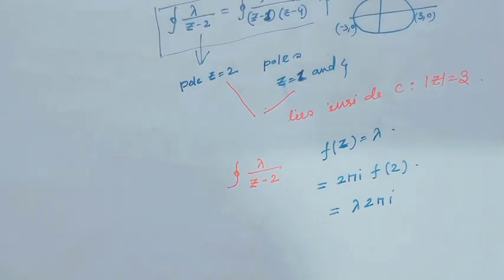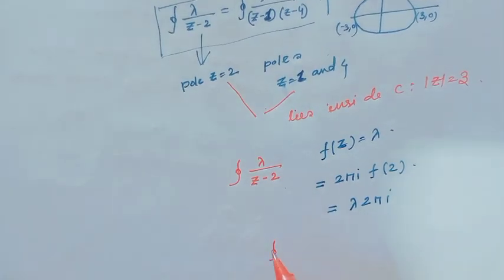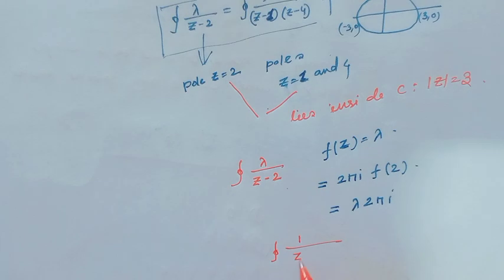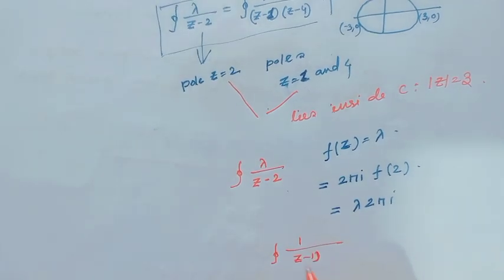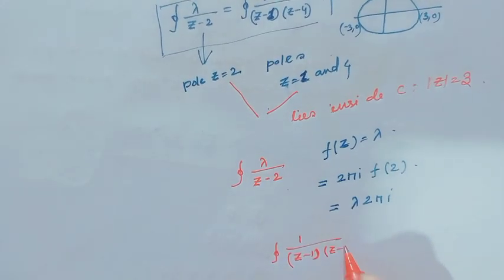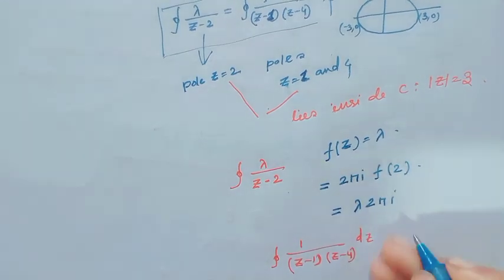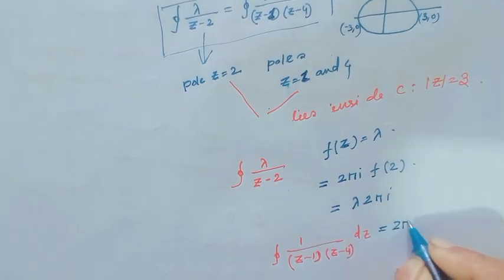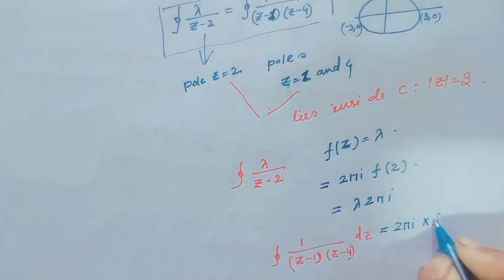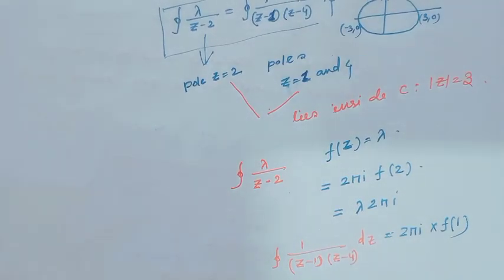And for the integral of lambda over z minus 1 times z minus 4 dz, this value is equal to 2 pi i times f of 1.